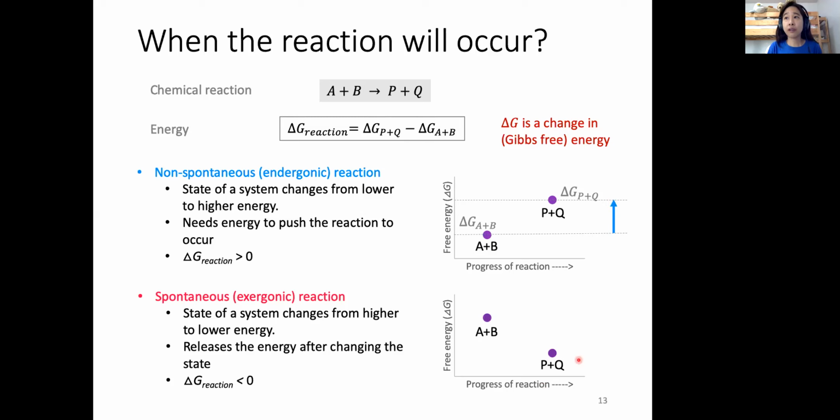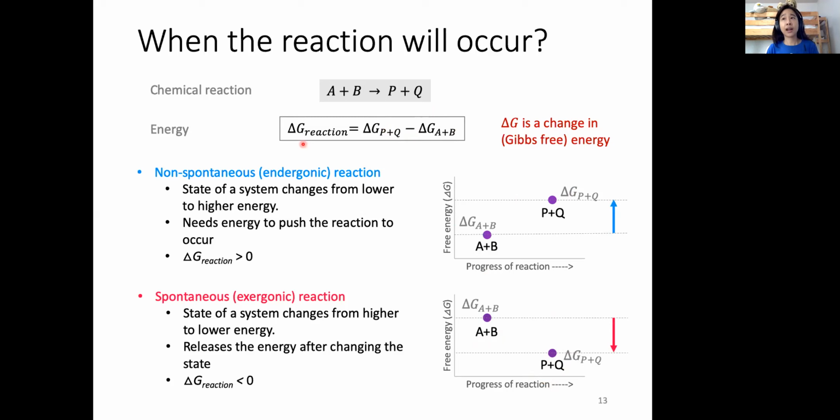The second type of reaction is the exergonic reaction, a system in which you have lower energy of the products compared to the reactants. When you do the math in this equation, the product has lower energy, and we subtract it from the higher energy of the reactants, you get a negative value for the delta G of the reaction.